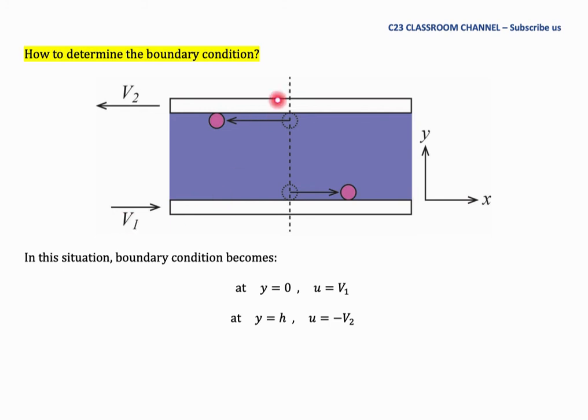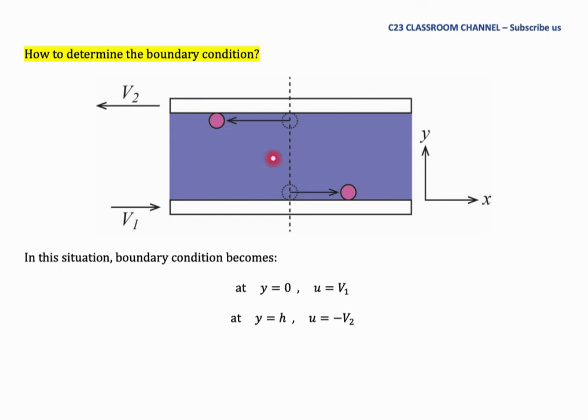The same condition occurs for the top plate here. The molecule is stuck on the surface of the top plate. However, this top plate is moving with v2 velocity, so we could say that this molecule also moves with v2 velocity relative to the fluid here.